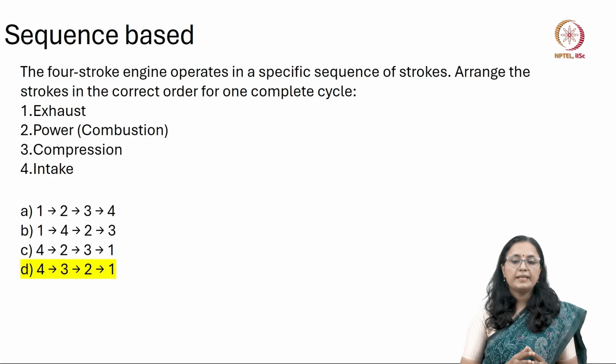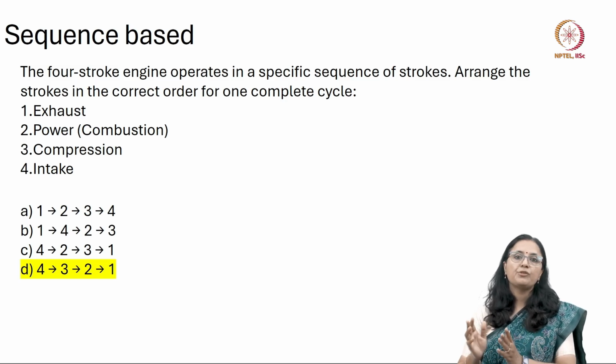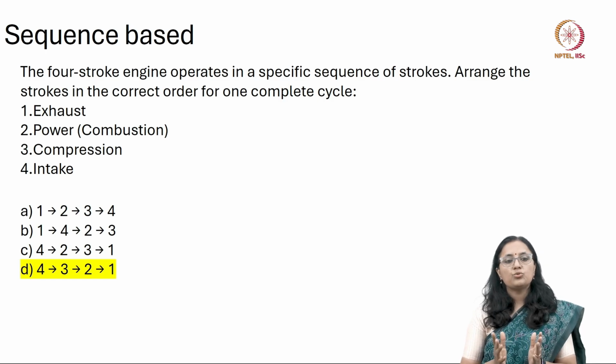The third is the power stroke, where the spark plug ignites the mixture and the piston is pushed down. The last is exhaust, when the piston moves up again and the gases are expelled. This is the process that happens in a 4-stroke engine. If the student understands the sequence of the process, the student will be able to respond to this question correctly.